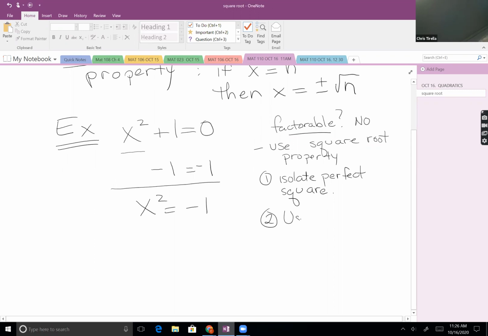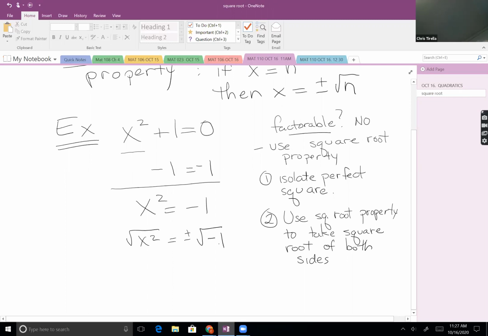Now I'm going to use the square root property to take the square root of both sides. So I'll take the square root of x squared, and I'll take plus or minus the square root of -1.